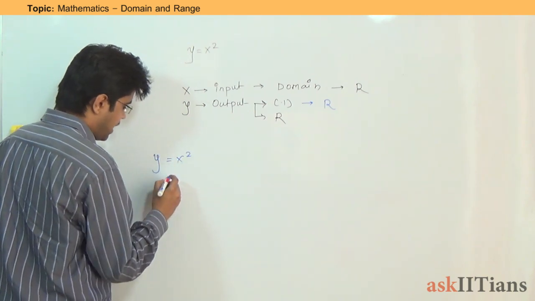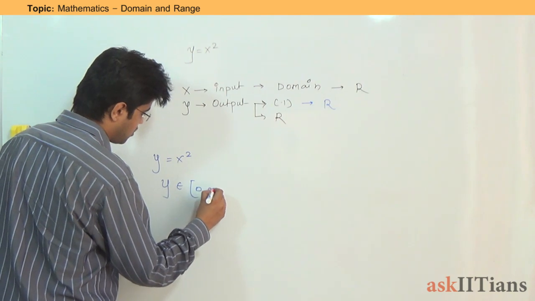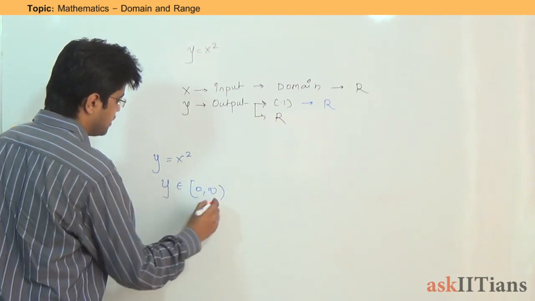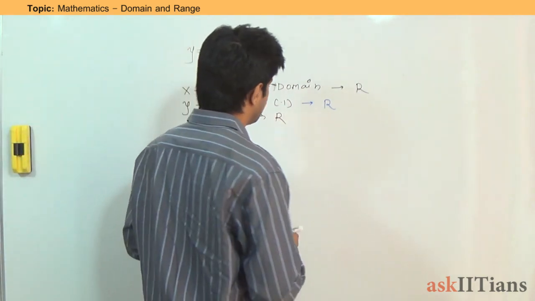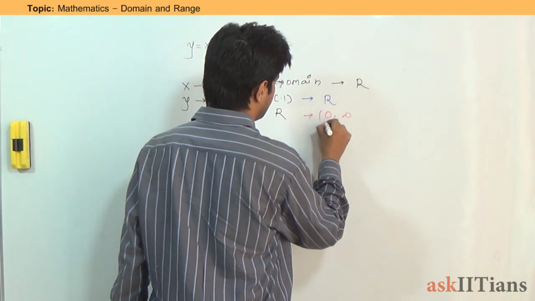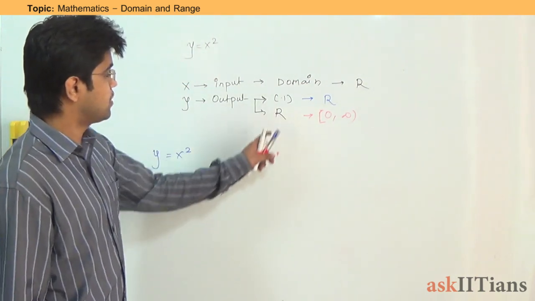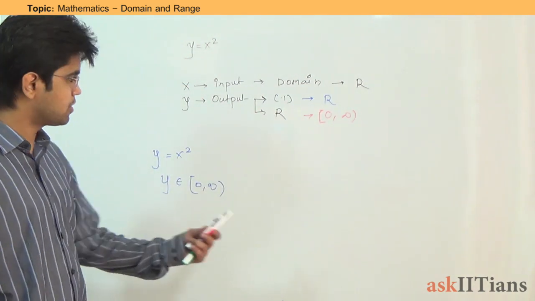That means I will only get y as non-negative values. So my range is nothing but 0 to infinity. You can see that range is a subset of codomain.